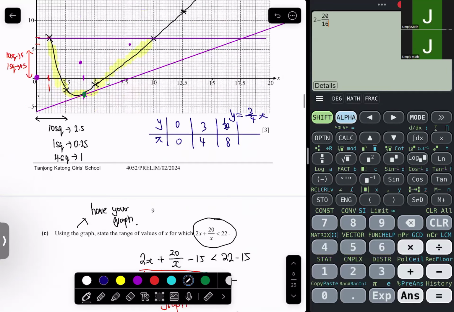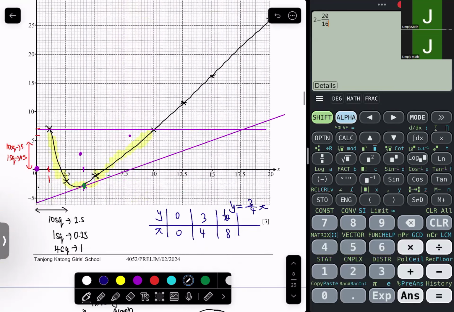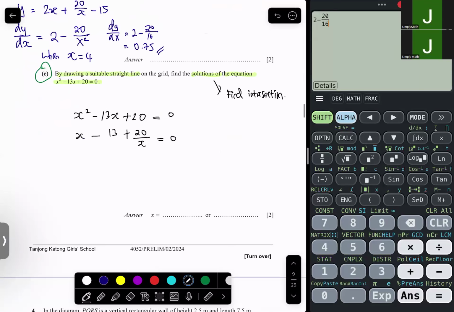Wait, sorry, what's the equation? 2x plus 20 over x minus 15. Okay, I need 2x plus 20 over x minus 15. So I'm very close, right? Now I have x plus 20 over x minus 13 equals to 0. In order to get 2x, I need to add another x.